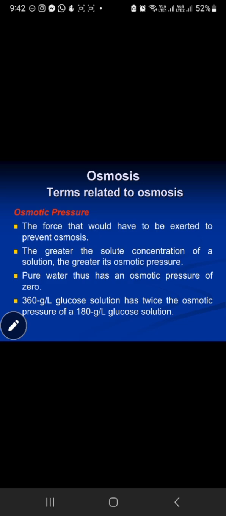Pure water has zero osmotic pressure because it has no solute concentration. A 360 gram per liter glucose solution has twice the osmotic pressure of the 180 gram per liter glucose solution. The more the solute, the higher the osmotic pressure.